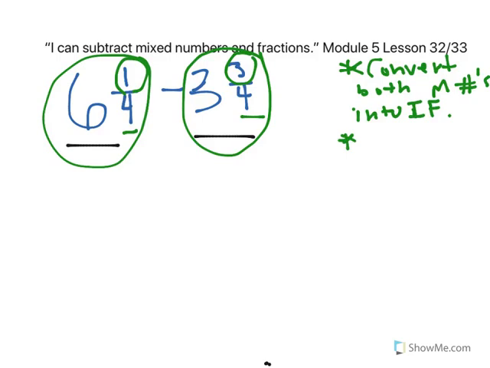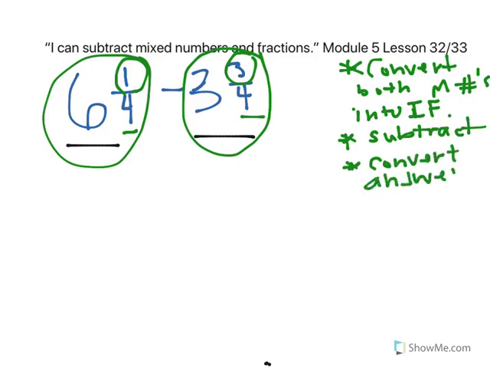And then you can just subtract. Then you can convert your answer back into a mixed number. And I'll model that for you here.